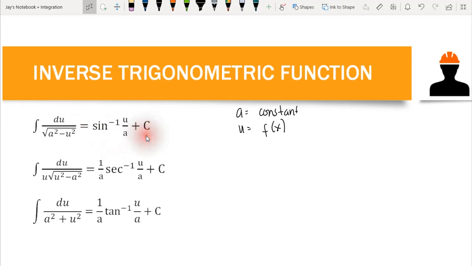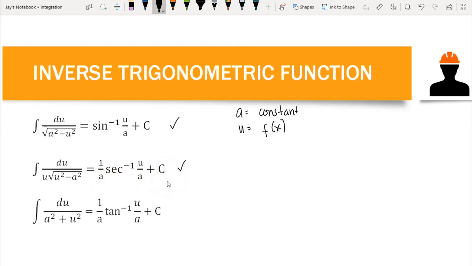This is our rule number 1, the inverse trigonometric function. Then the integration of du over u times the square root of u squared minus a squared is 1 over a arcsecant of u over a plus c. This is rule number 2, an additional integration rule.